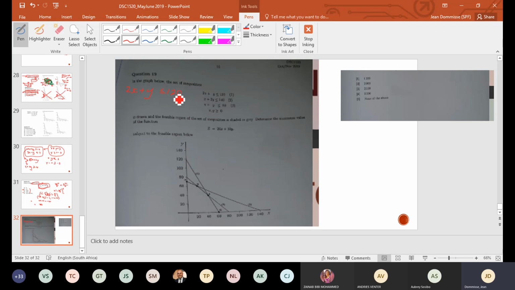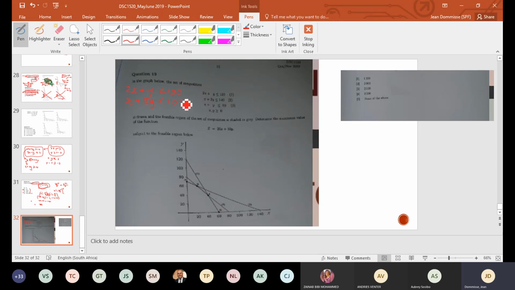So if it's not that, just shout at me and say no. Then the second one, I've got x plus 2y is smaller or equal to, is that 100?